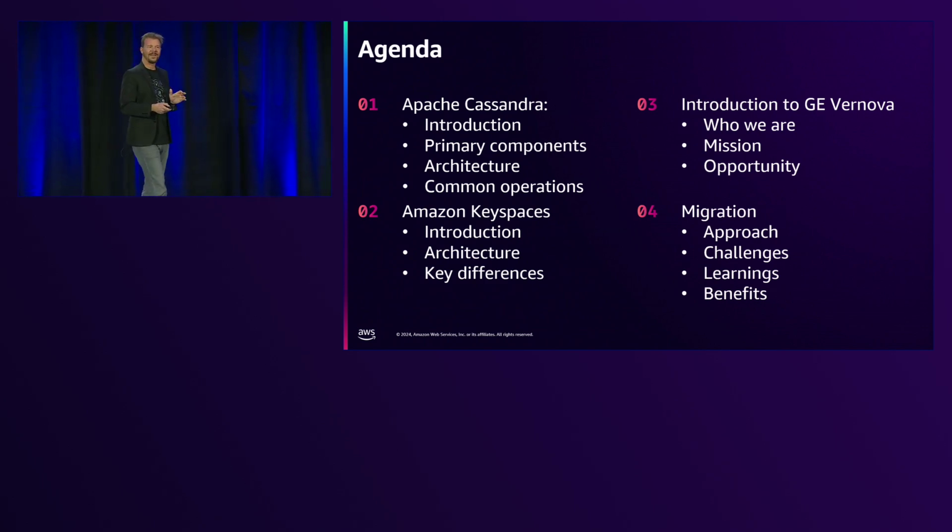I'm not going to go into the deep internals about all the things you can do with Cassandra and how modeling it is and what it's purpose built for. But I'll give you some history and just the main moving components that you'll care about as an administrator or developer. And then I'll transition into talking about Keyspaces, what we mean by serverless and how we make some of the operational things easier for you so you can just focus on that awesome technology, which is Cassandra. Then I'll pass the mic over to Yogini, who will talk us through their migration at GE.